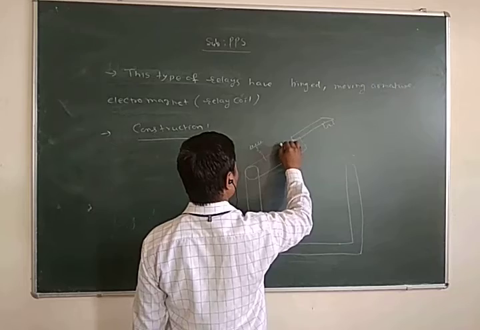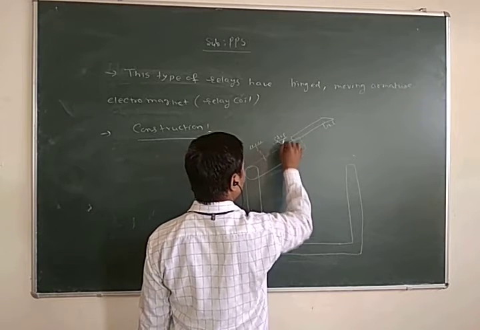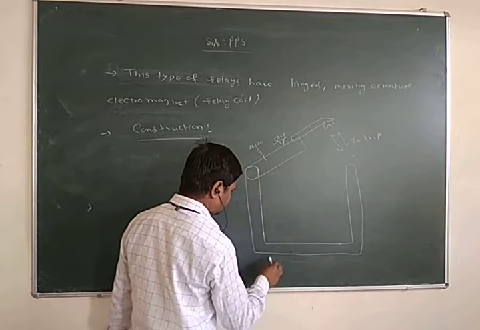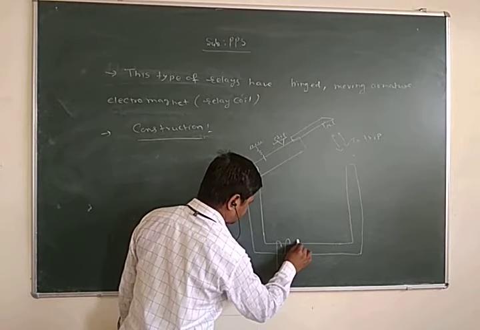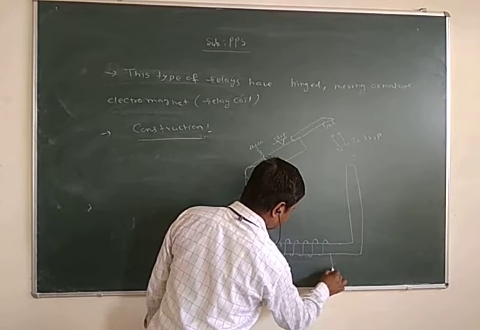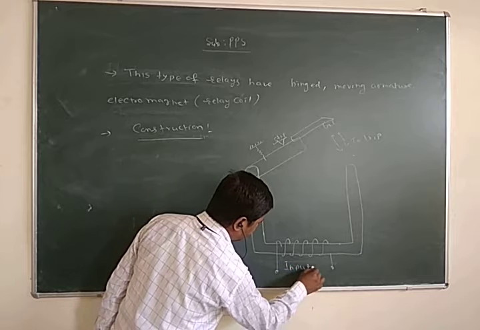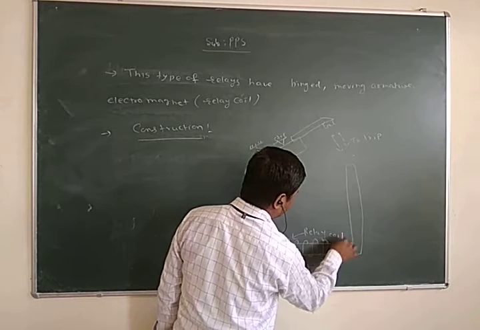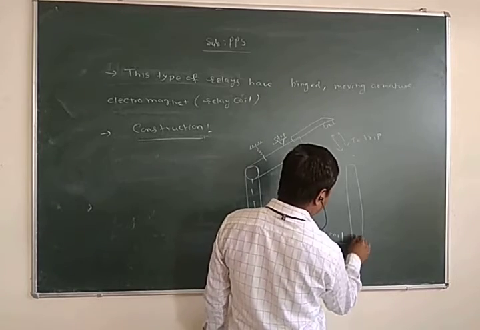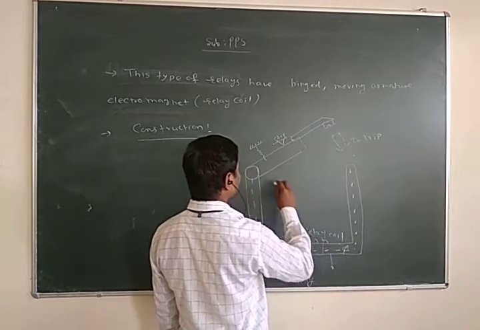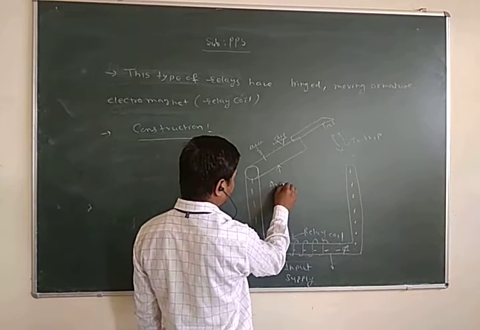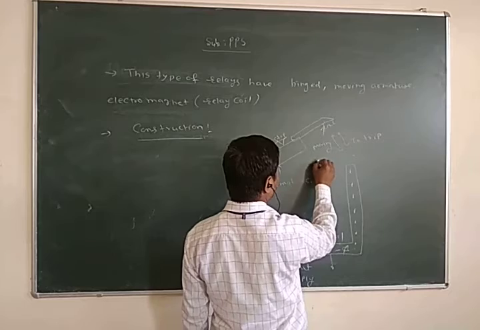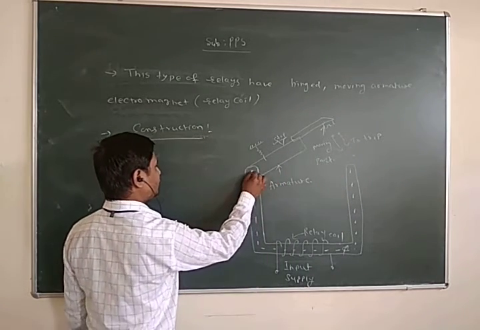Spring, stop, toe trip, relay coil, input supply, relay coil, flux produced phi, armature, moving part, hinge.